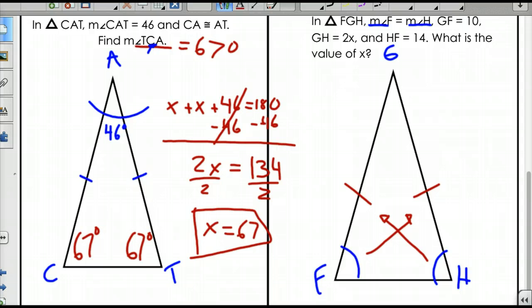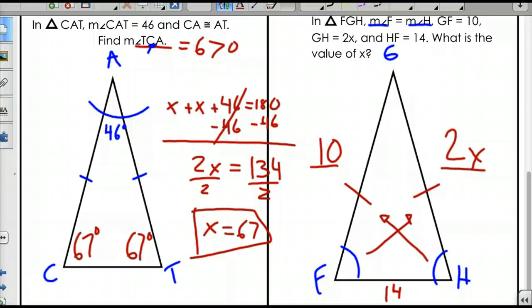All right, now we know GF is equal to 10. We know GH is equal to 2x. And we know HF is 14. We want to solve for x. Well, looking at this, we know that GF and GH are congruent because it's an isosceles triangle and the opposite sides are congruent.